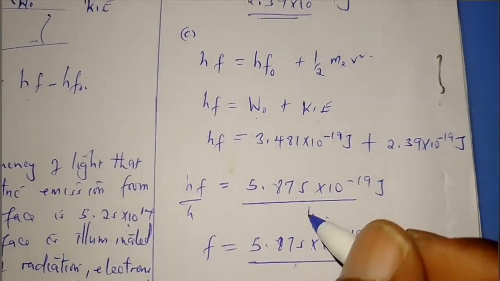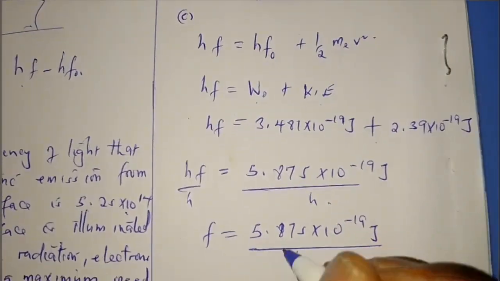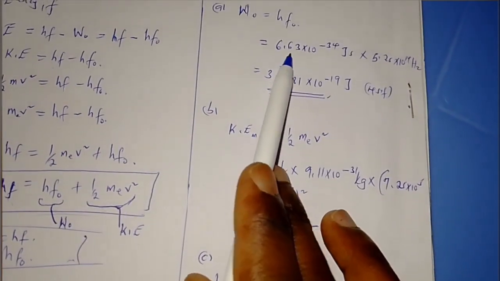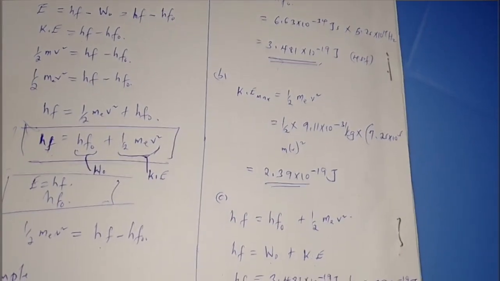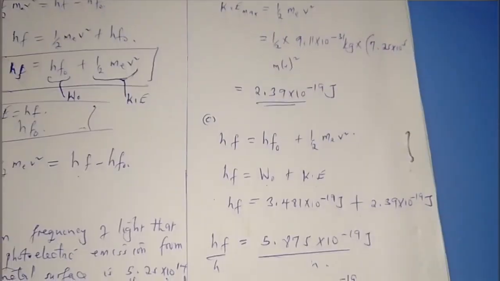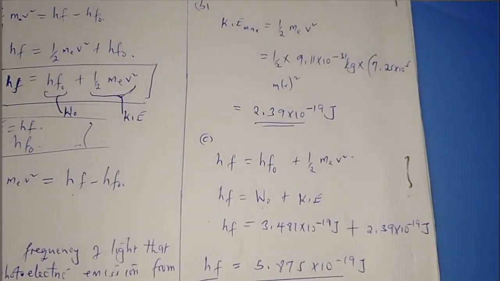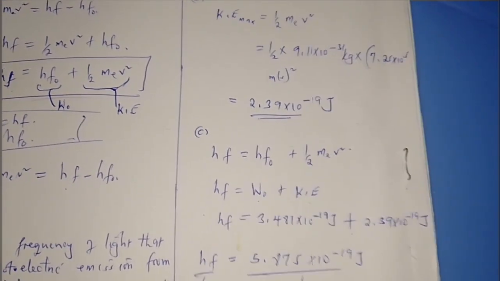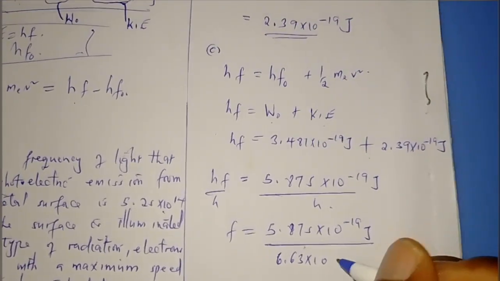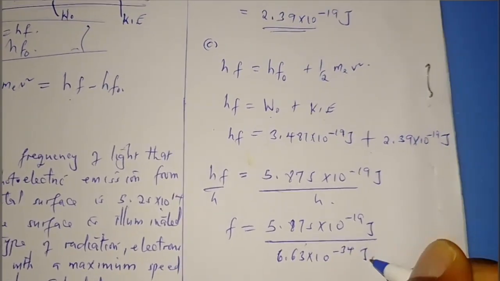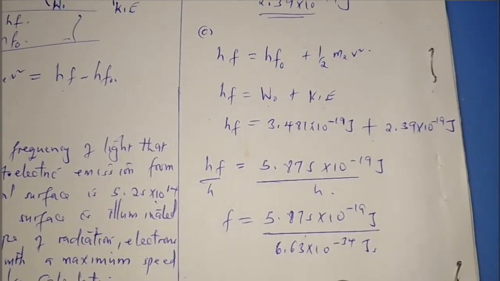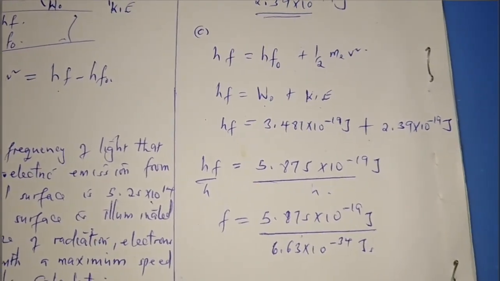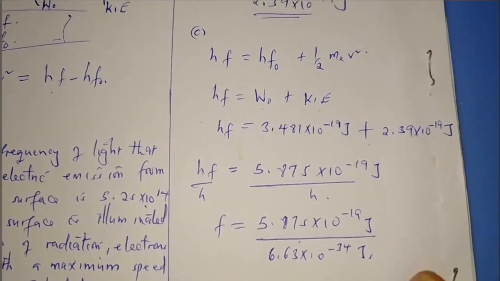H is the Planck's constant, 6.63 times 10 raised power negative 34 joule seconds, and we get our final answer as 8.861 times 10 raised power 14.